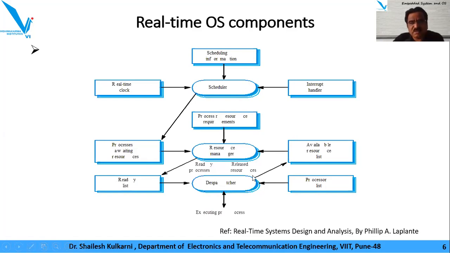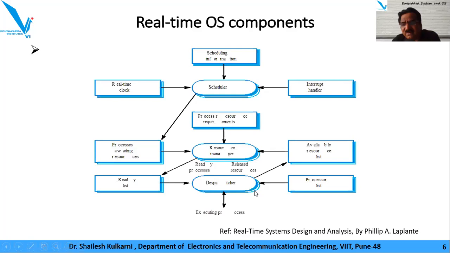the resource manager would take as input the process ready queue or waiting queue, as well as the process resource requirements gathered from the applications, as well as the available resource list, which is referred to as the waiting list or the ready list available for the resource. For that, the input of this available list is given from the dispatcher.